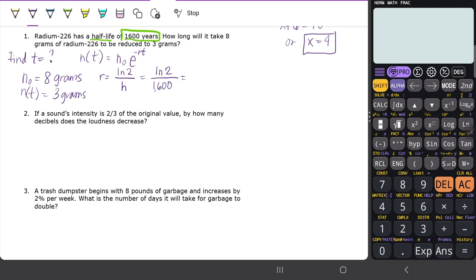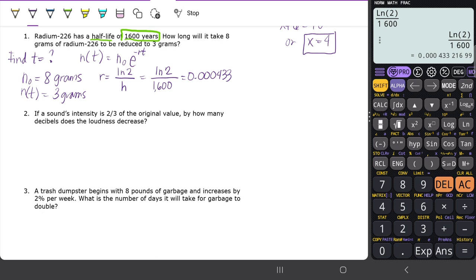Okay? Using our calculators, this is ln of 2 divided by 1,600. So that is 0.000433. Okay?